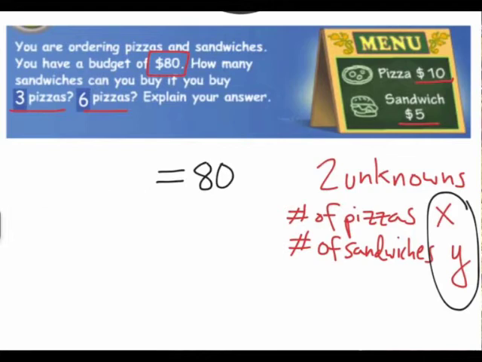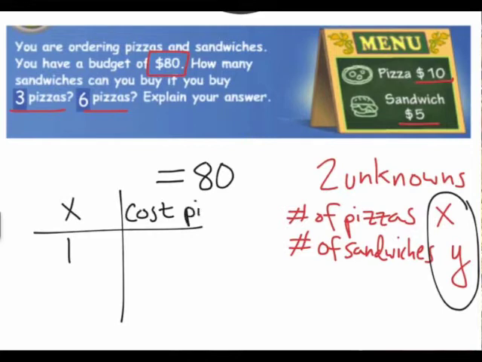Now, let's think about this. If I have 1 pizza, if that's how many pizzas I buy, so X is 1, then the cost of the pizzas is going to be just $10, because I just have 1 pizza. If I have 2 pizzas, the total cost of all the pizzas is going to be $20.